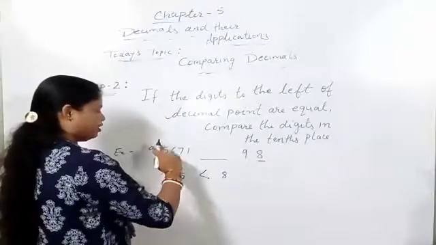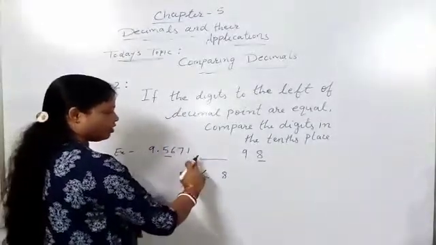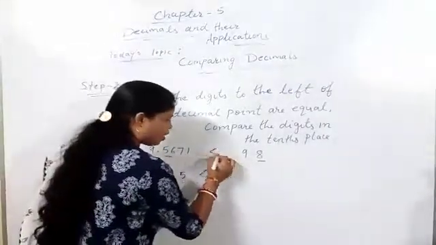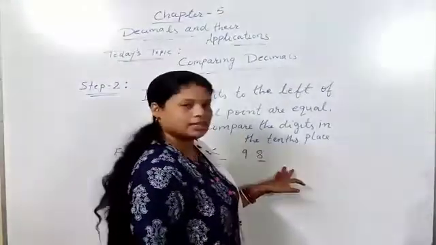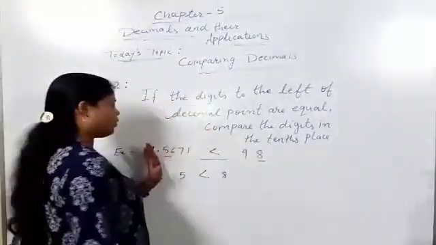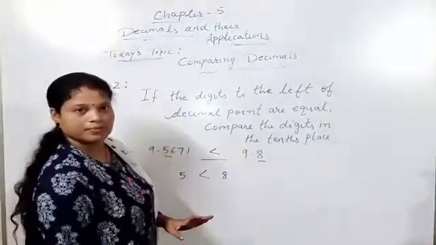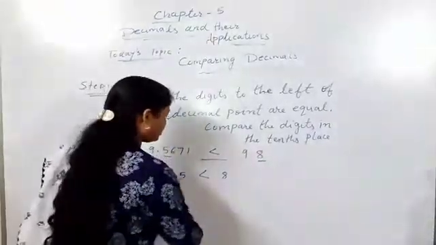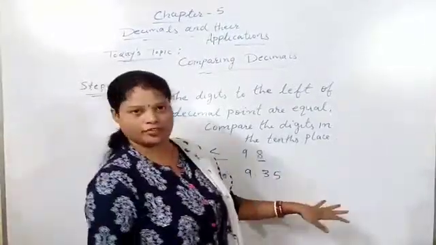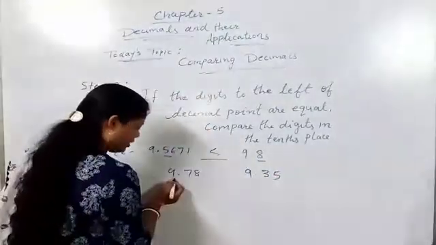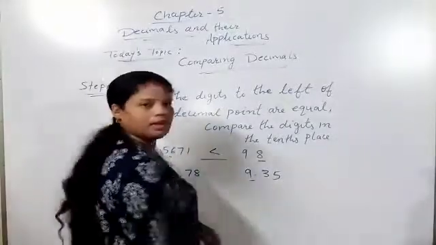So 9.5671 is smaller than 9.8, or 9.8 is greater than 9.5671. Okay, next example: 9.78 and 9.35. Again we'll check. Yes, before the decimal both are equal.